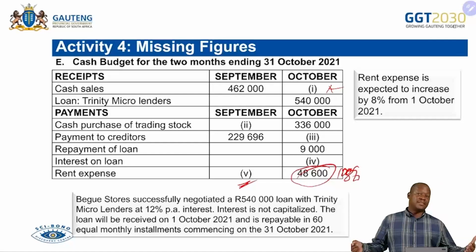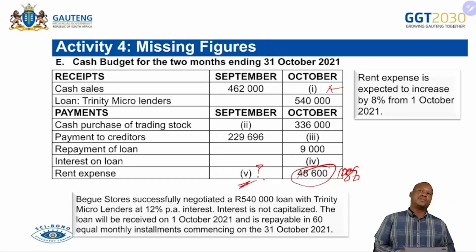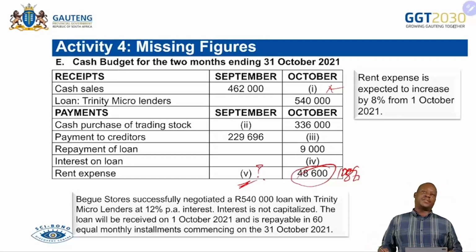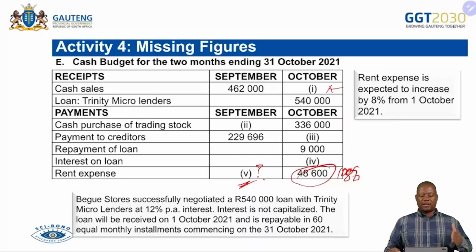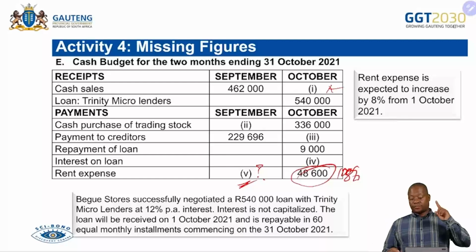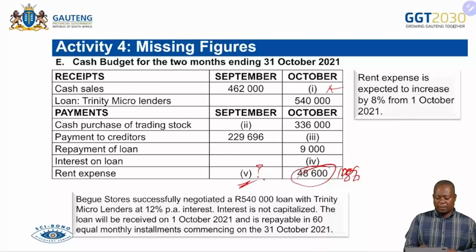Is that making sense? So what are we looking for? Here is the 100 that we are looking for. So I think it's easy now to find it. 100 over 108 times 48,600. That's how we are going to find the figure for rent expense for the month of September. Now let's go to the bottom line information here.